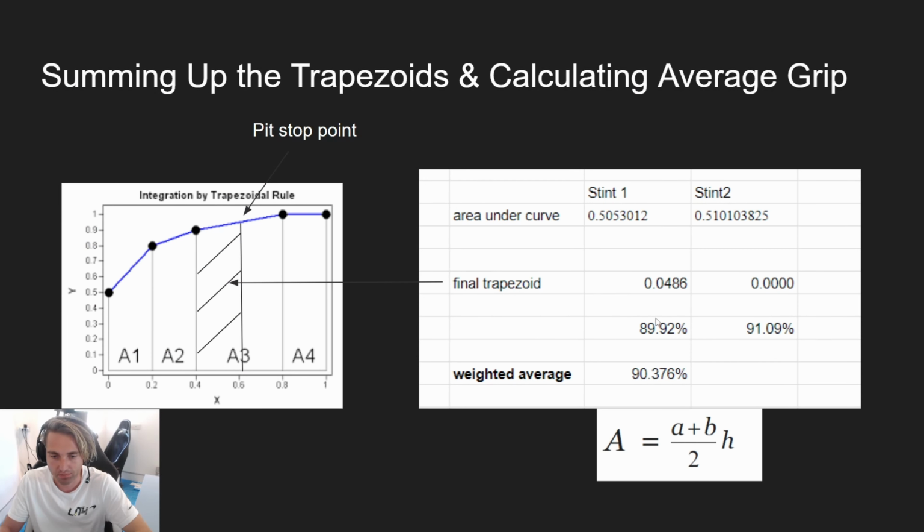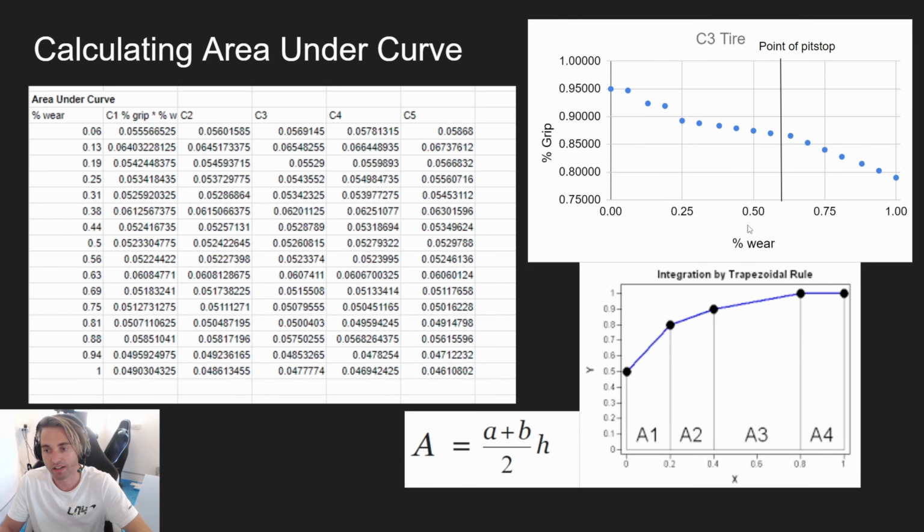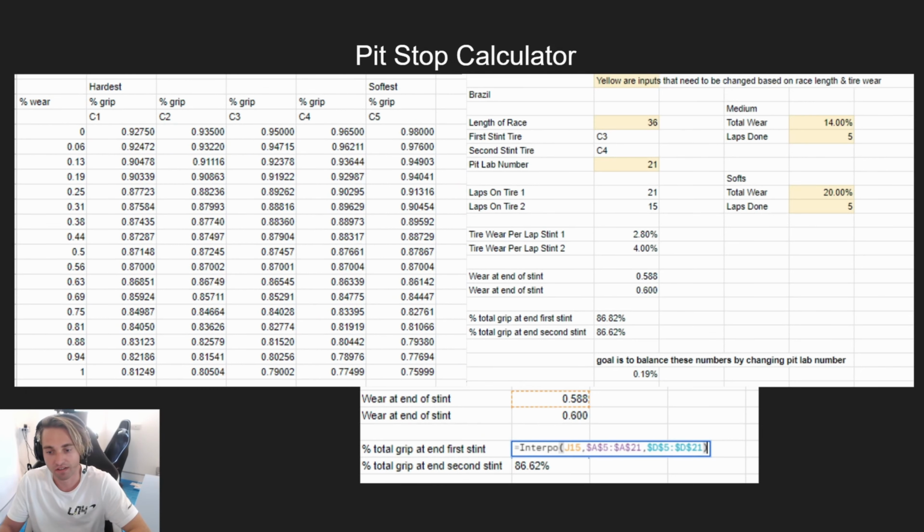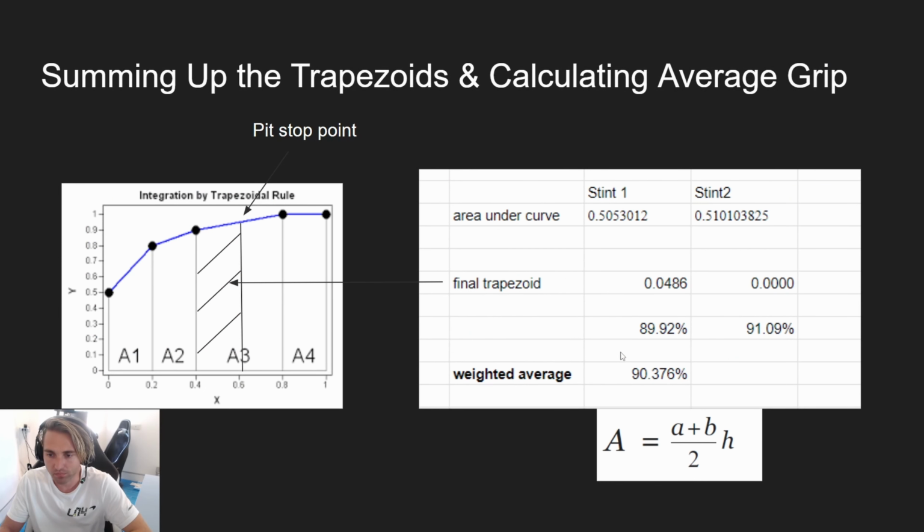Then we're dividing it by the length of the stint. So we're dividing it by the percent wear at the end of the stint to get back to your percent grip units. You had percent grip times percent wear, dividing it by percent wear, now your units are percent grip again. So for your first stint, this is one example.